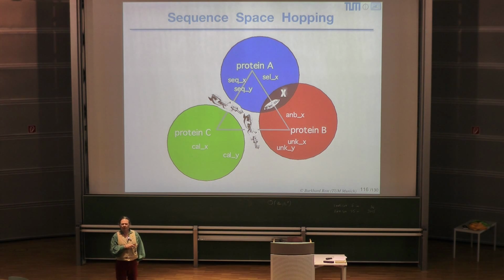The sequences. So again, let me just repeat. Protein A finds a related sequence X in the safe zone, so X has the same structure as A, and B finds also X. So B is the same as X. What does it mean? X and A and B are similar.